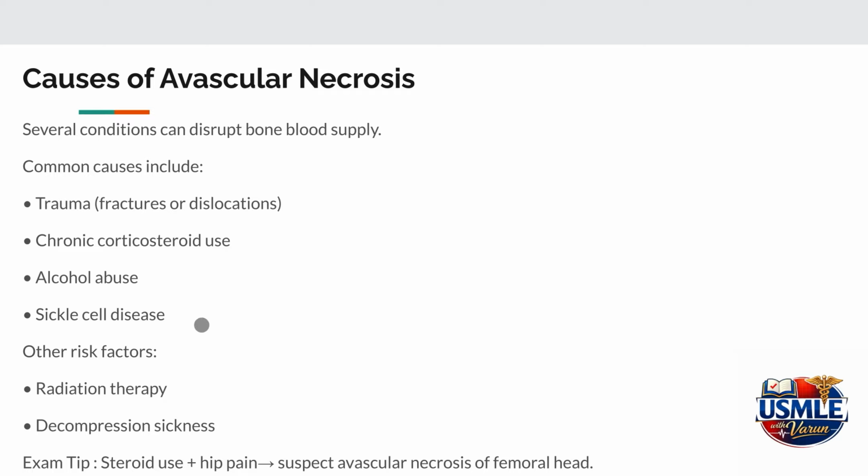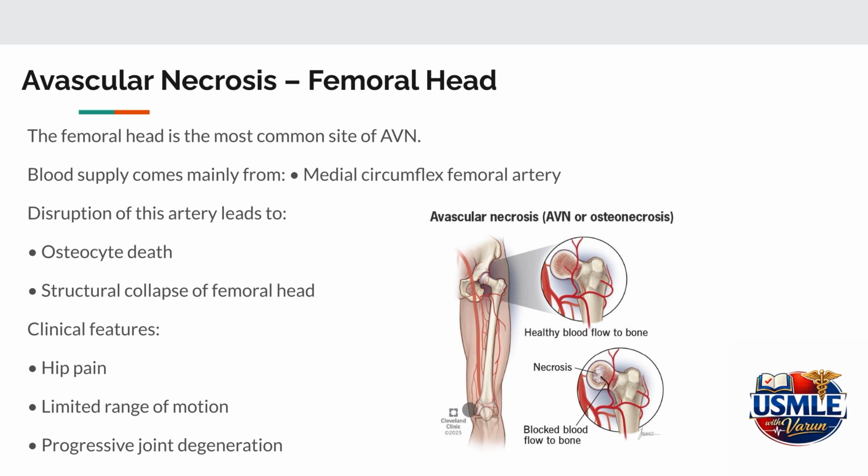A very classic exam scenario: we can identify this case of avascular necrosis with a typical pattern of a patient who has been on long-term steroid therapy and develops progressive hip pain due to avascular necrosis of the femoral head. The femoral head is the most common site of avascular necrosis. Blood supply primarily comes from the medial circumflex femoral artery.